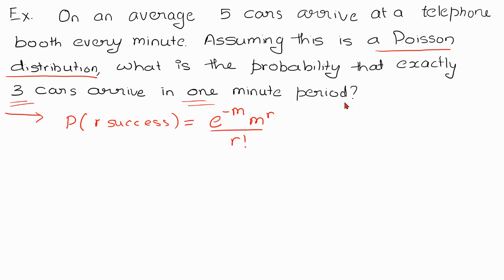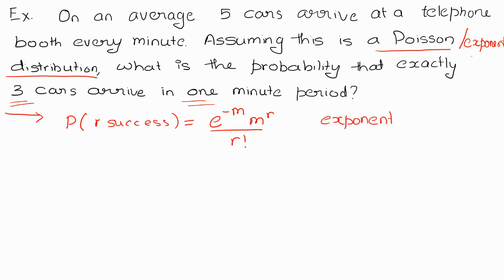Now before proceeding with the problem, I'll just state this. Here it is mentioned that this is a Poisson distribution. Sometimes it may be given that, assume that this is an exponential distribution. Why exponential?